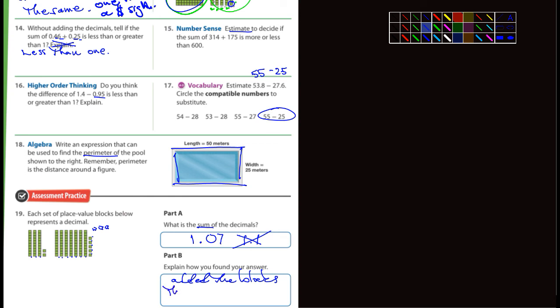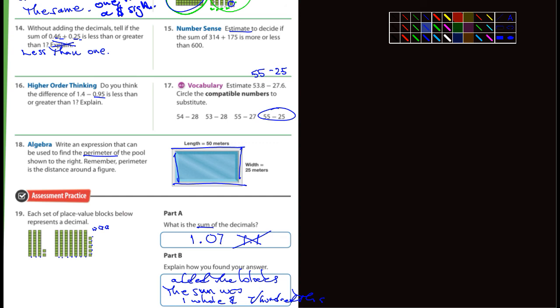And the sum was 1 whole and 7 hundredths. All right, I did most of this with you guys, so it shouldn't take you too long. I did leave some problems for you.